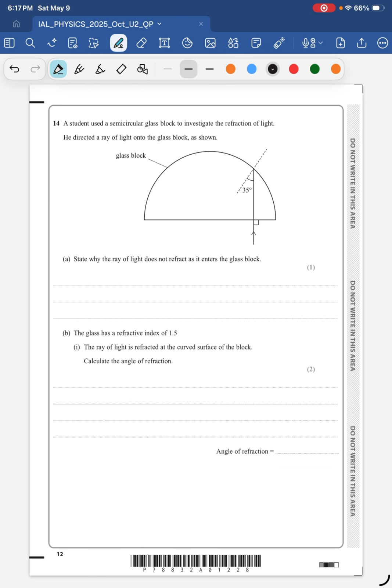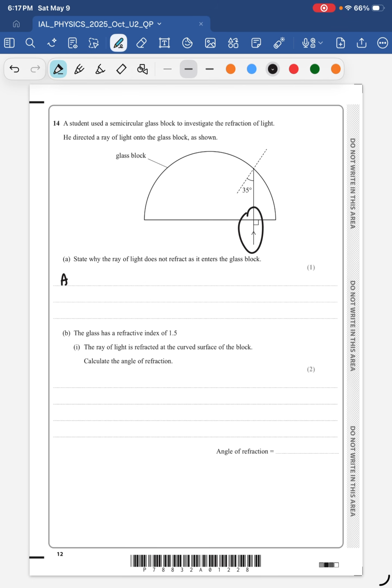Okay, question 14. A student used a semicircular glass block to investigate the refraction of light. He directed a ray of light onto the glass block as shown. State why the ray of light does not refract as it enters the glass block. So they mean this part over there. The reason is that the ray of light is aligned with the normal, right?